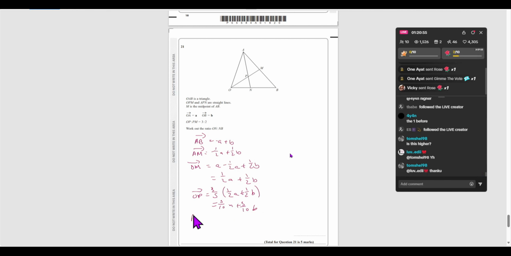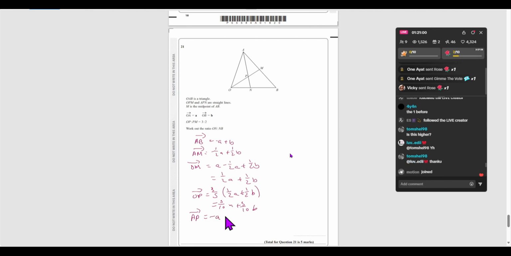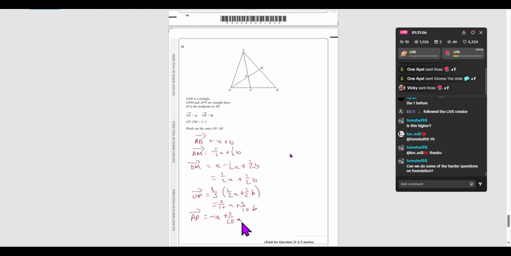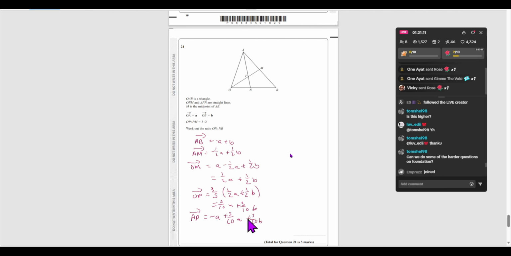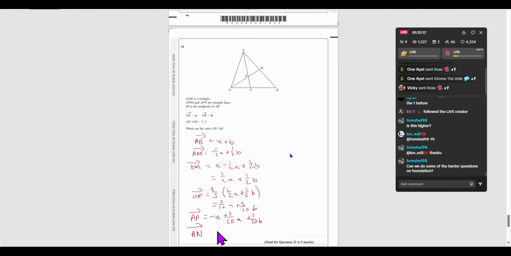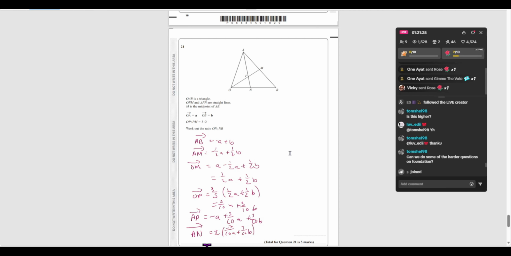And then AP is equal to minus a plus 3/10 a plus 3/10 b. We just added them together. And then AN is equal to x times (minus 7/10 a plus 3/10 b). So now, when you simplify it, you will get AN is equal to minus a plus kb.